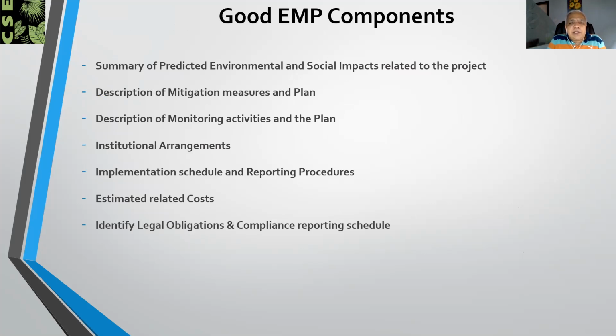Then the institutional arrangements, which include the different responsibilities, who is responsible for what actions and when it is to be done. Then we have the implementation schedule of the EMP and the reporting procedures, estimated costs or budgets of the project, and identification of legal obligations and compliance reporting schedule.